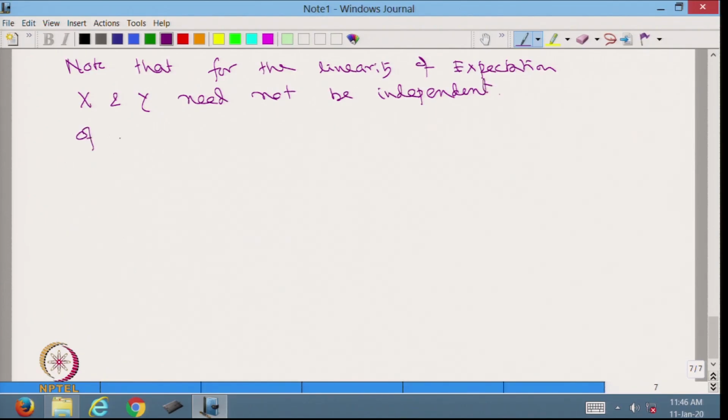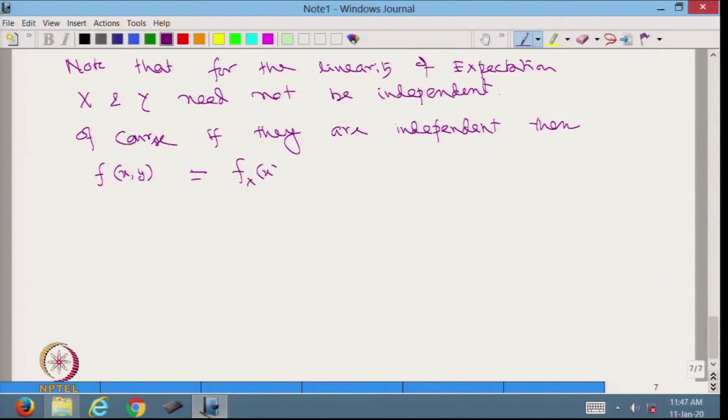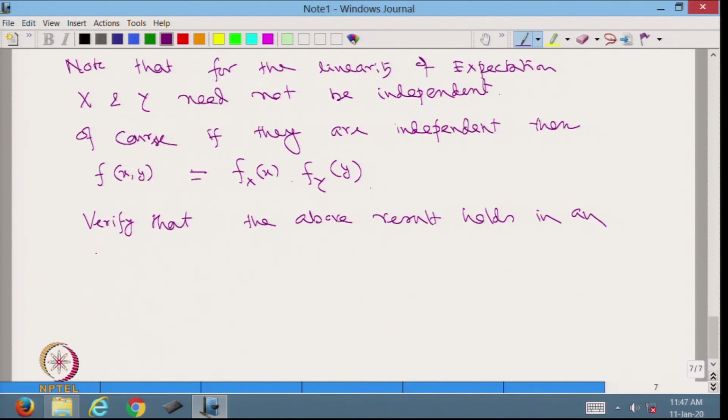Of course, if they are independent, then f(x,y) we will be writing as f_X(x) into f_Y(y), and I want you to verify that the above result holds in an obvious way.